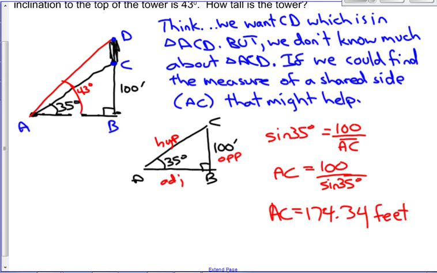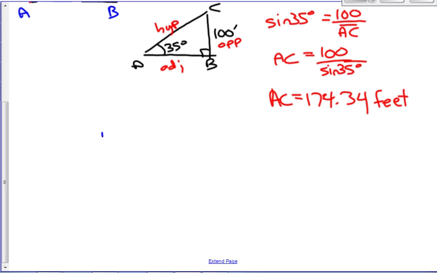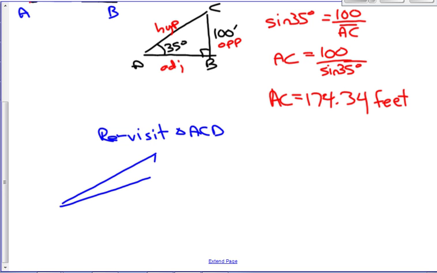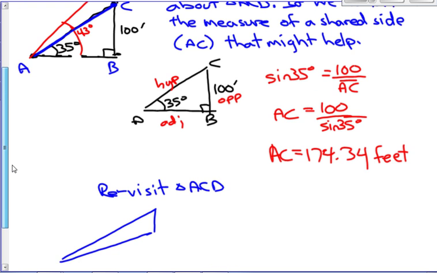Okay, so does that get us any further ahead? I think it does. It finds us this side here. Now we can revisit triangle ACD, which looked kind of like this. CD is what we want.